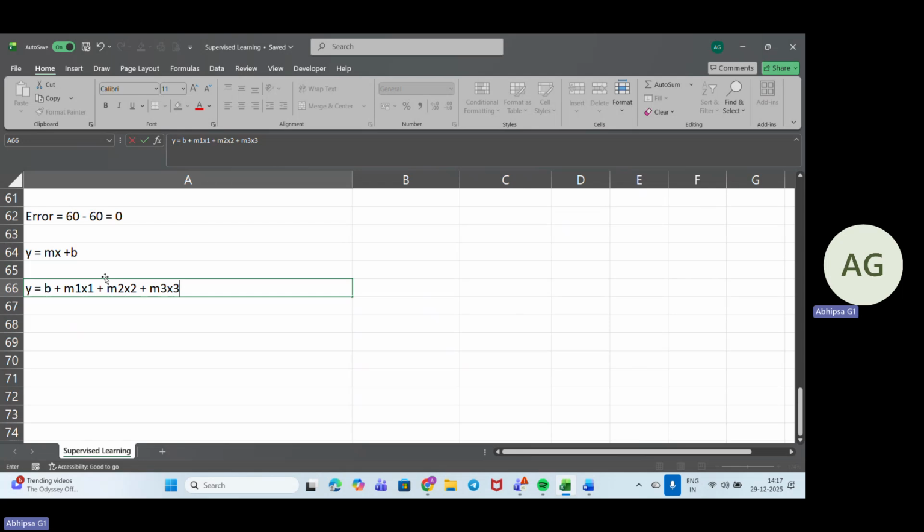And m1 is the effect of size, m2 would be the effect of bedrooms, and m3 is the effect of distance.